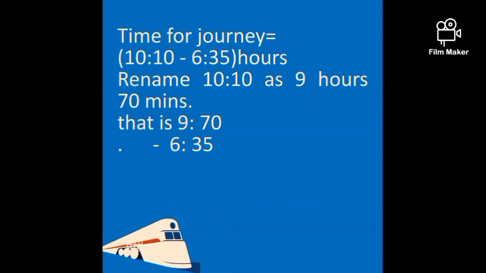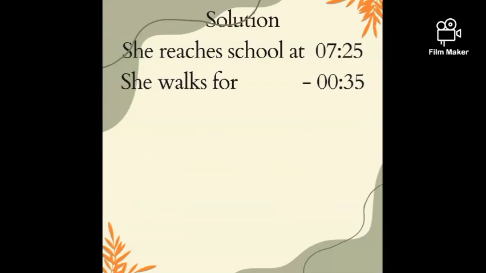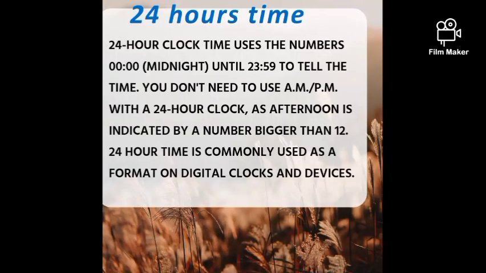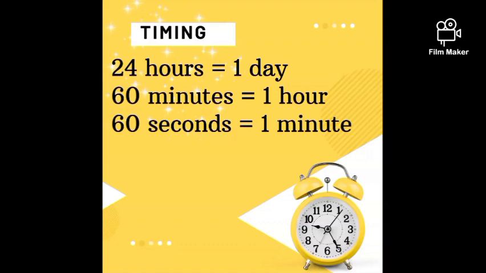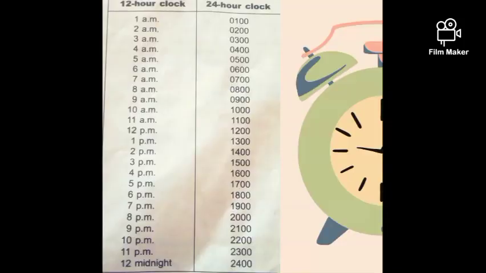Good. So a recap of what we've learned so far. We said 24 hours is from what? 0 to 24. 12 hours is what? 1 a.m. to 12 p.m., 1 p.m. to 12 midnight.